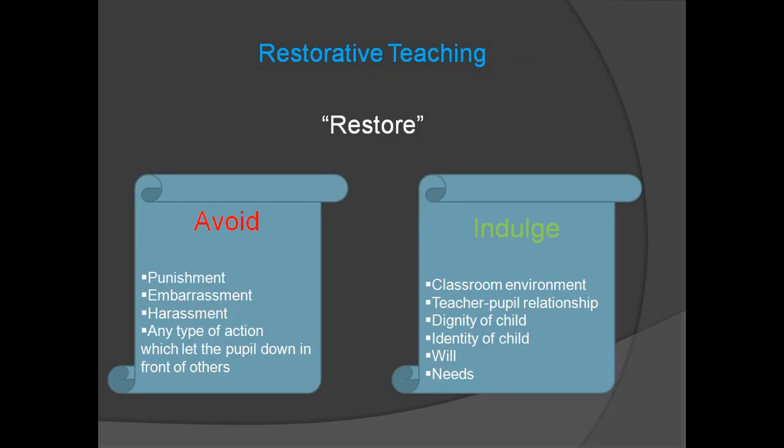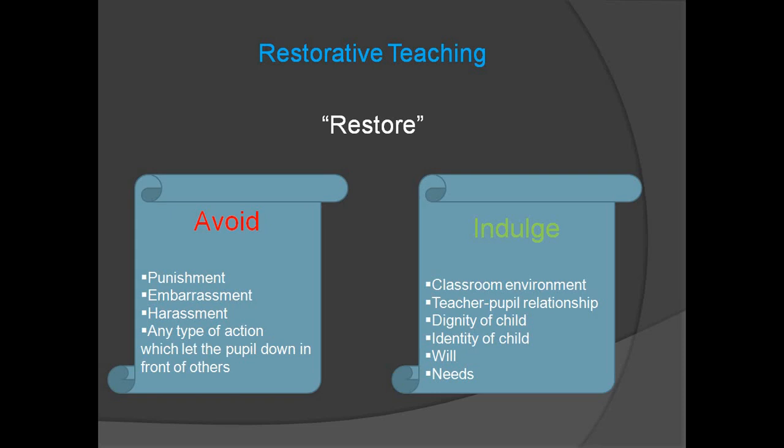So the whole idea of addressing emotional and social problems of students revolves around the term restorative teaching. What is that? Restorative comes from the word restore. Restore means to gain back, to maintain whatever positive we have, to gain back rather than to react. So this has two dimensions.